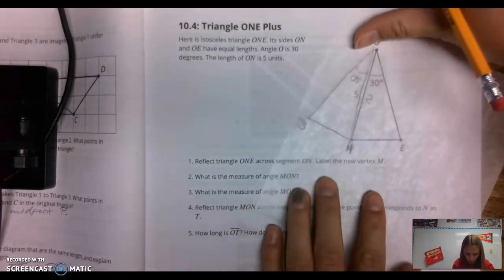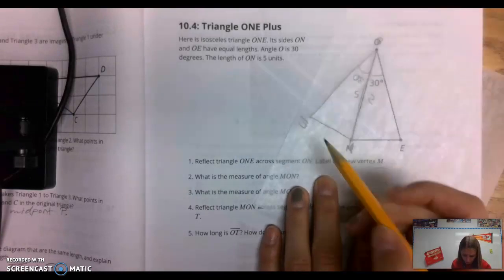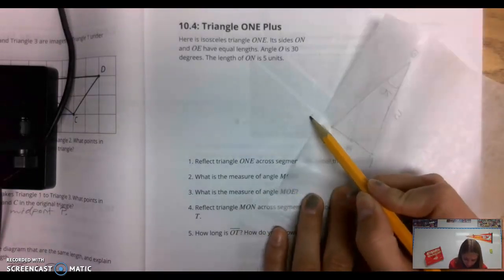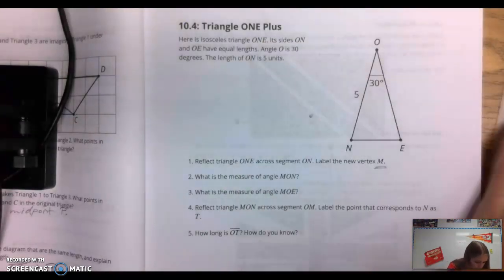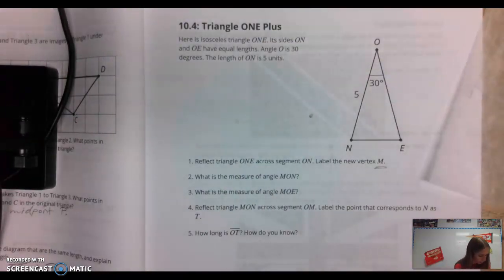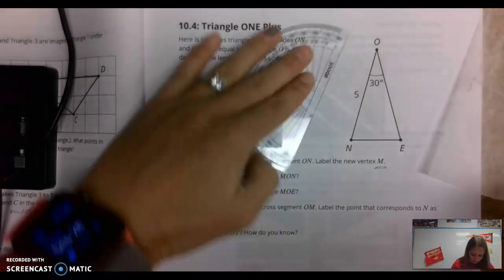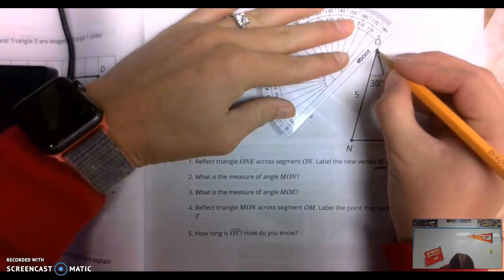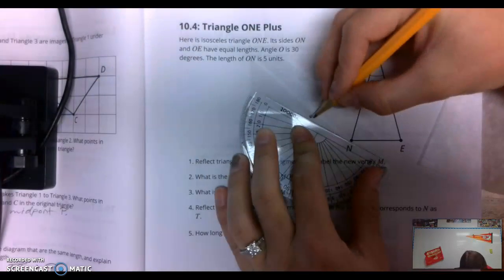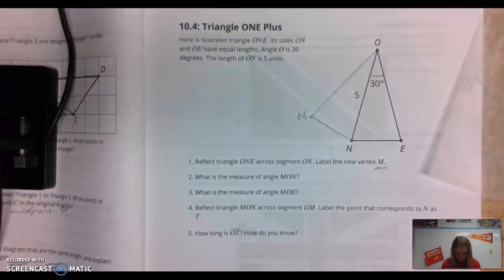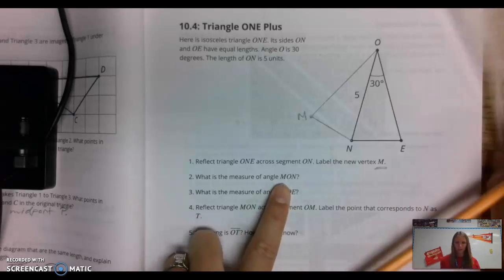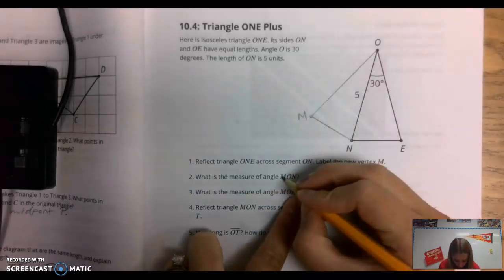So I'm going to reflect, and my new point here, I'm going to label M. Okay? So, there we go. Labeling that M.